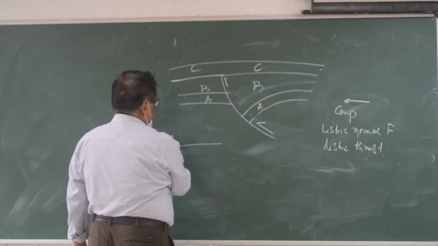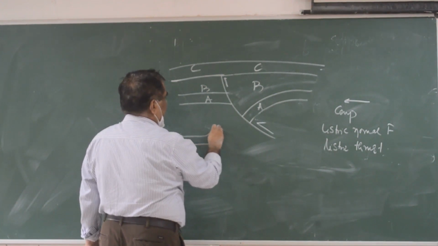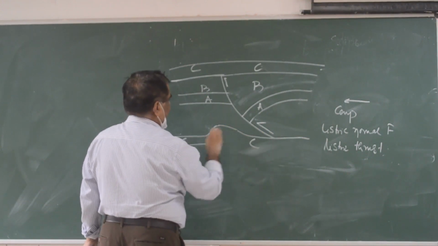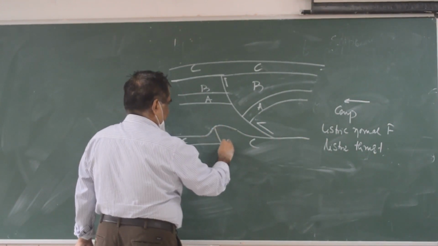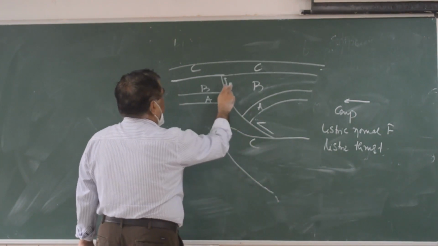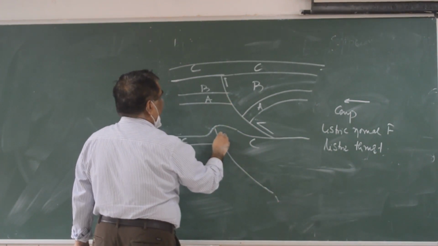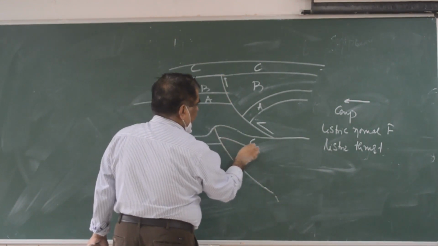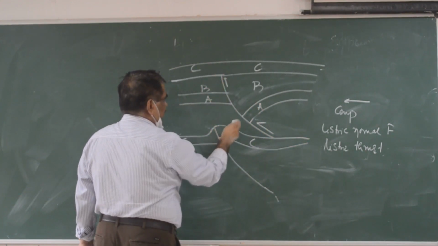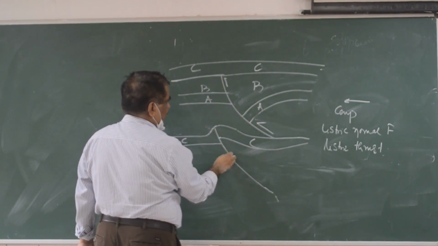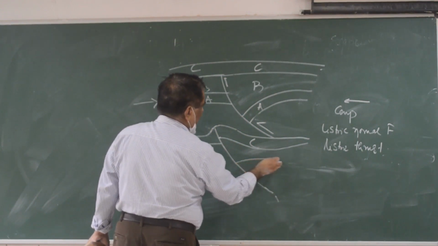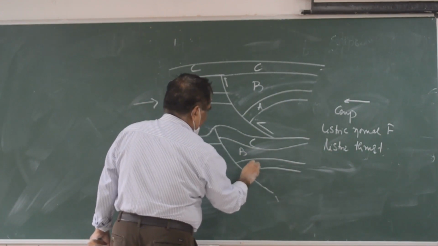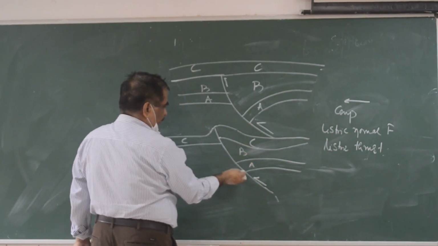So here C bed will be bulged up. C will be like this. You see. And B will go somewhere here. This surface will go somewhere here, it will go up. And this bed will come here, B, and then there will be A. So all these points will go up.